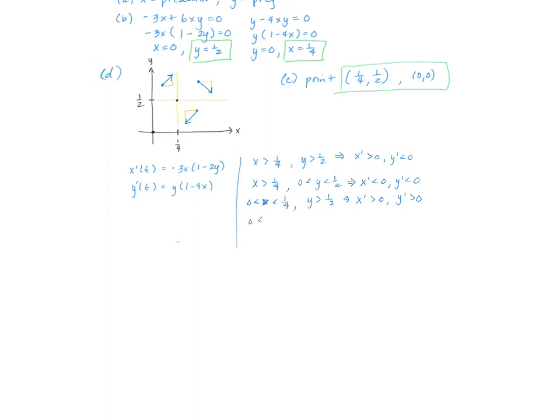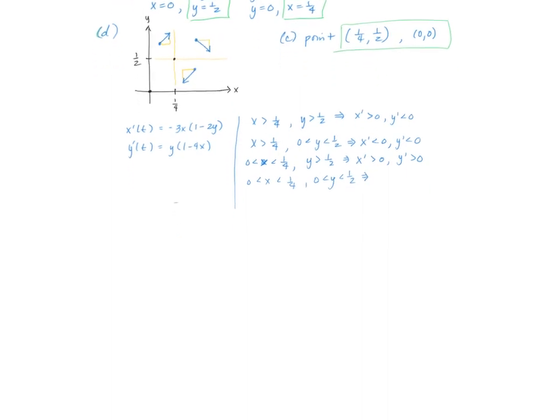Last case would be x between 0 and 1/4 and y between 0 and 1/2. In that case, the derivative of x is negative and y is positive. So we have some random point.